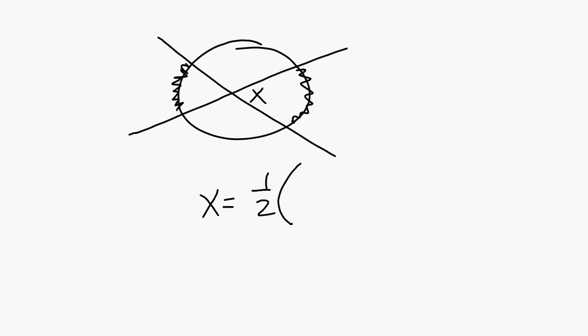These 2 angles will be the same, won't they? Because they're vertical angles. So x equals 1/2 times this arc plus this arc. If this was a y right here, then y would be equal to 1/2 this arc plus this arc. Okay? Does everybody see that? Anybody not see that?